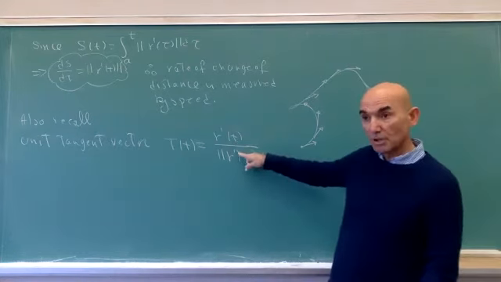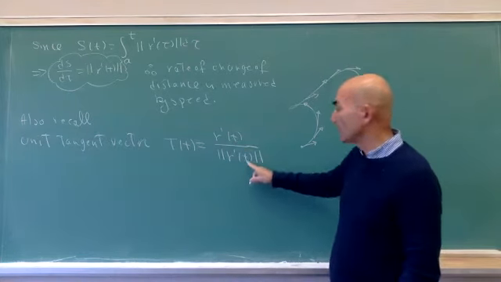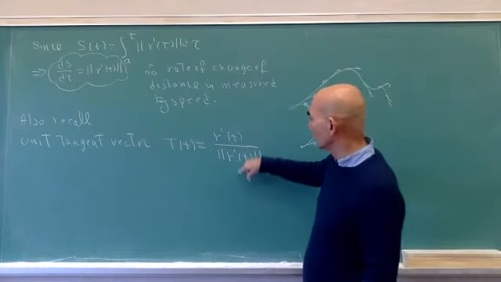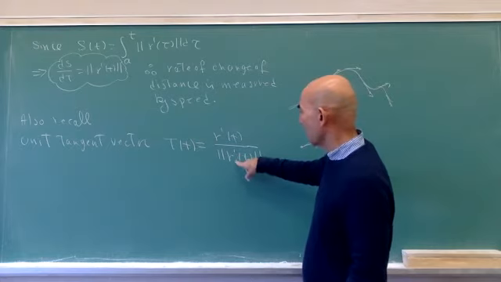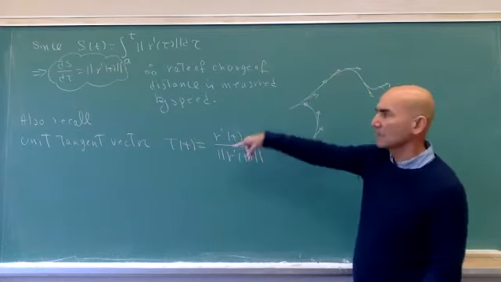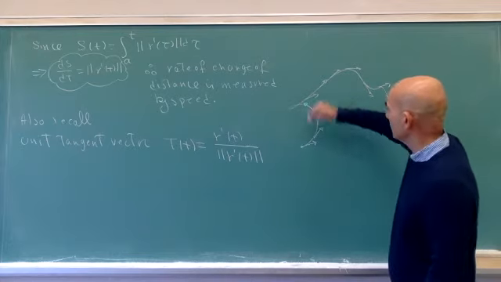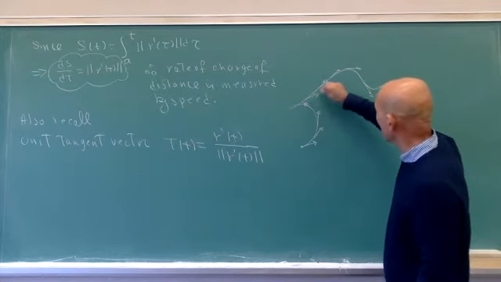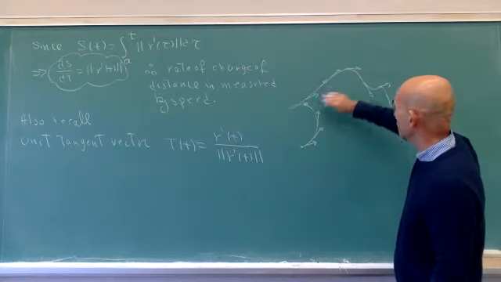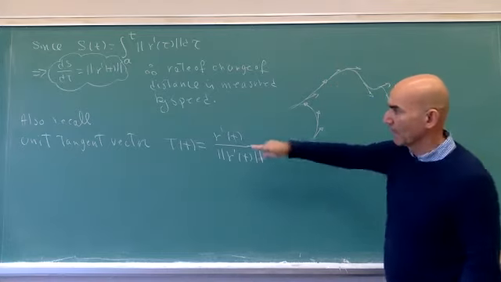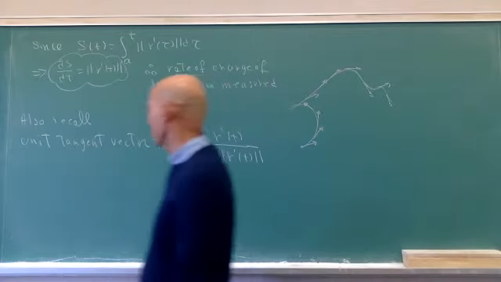We made it to be like that. And we can always do that provided this r prime of t is non-zero. You're allowed to divide as long as r prime of t is non-zero, and that's what we are assuming about these curves. Otherwise, you can define this vector field along the curve that's always tangent but has length 1. That's why it's called the unit tangent vector.